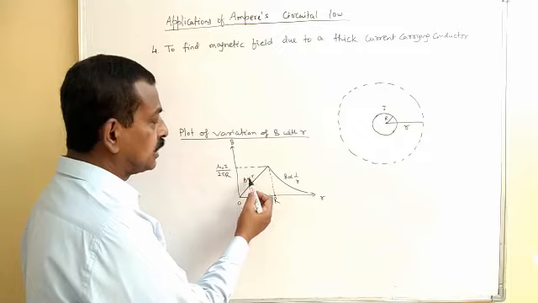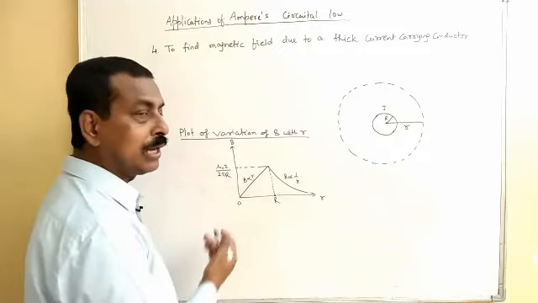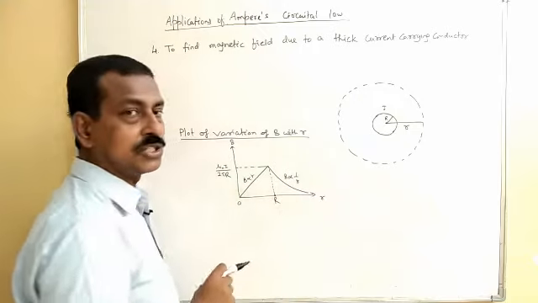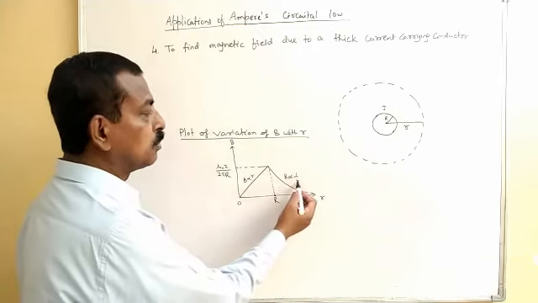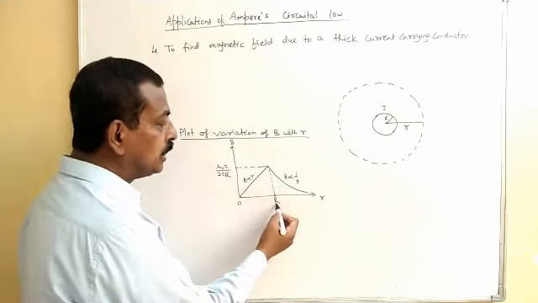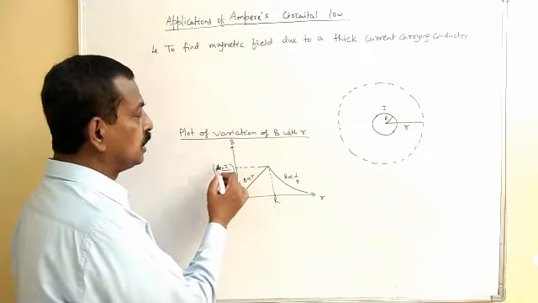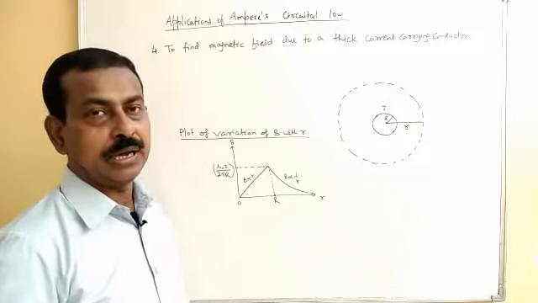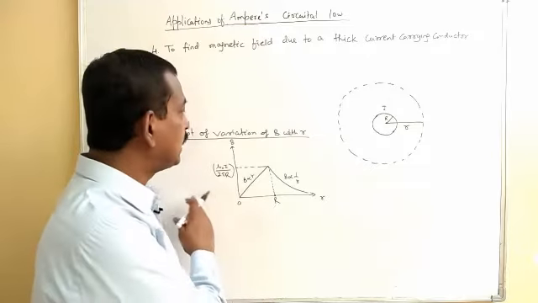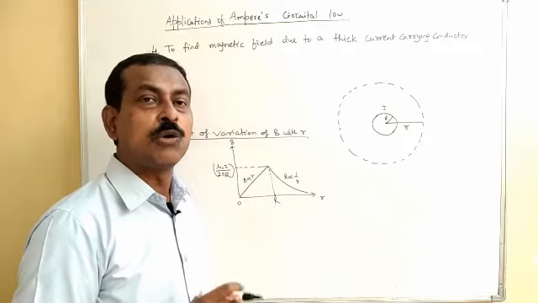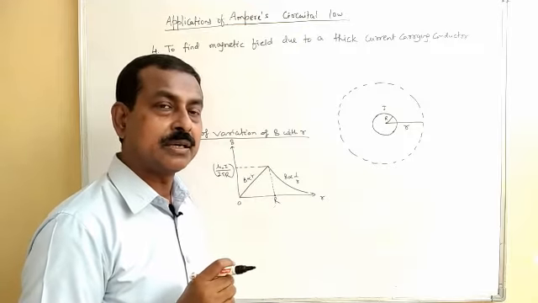So B is directly proportional to r up to capital R. And after that, it varies inversely with the distance. So B will be inversely proportional to r. And at r equals capital R, magnetic field value will be this much, mu naught I by 2 pi R.